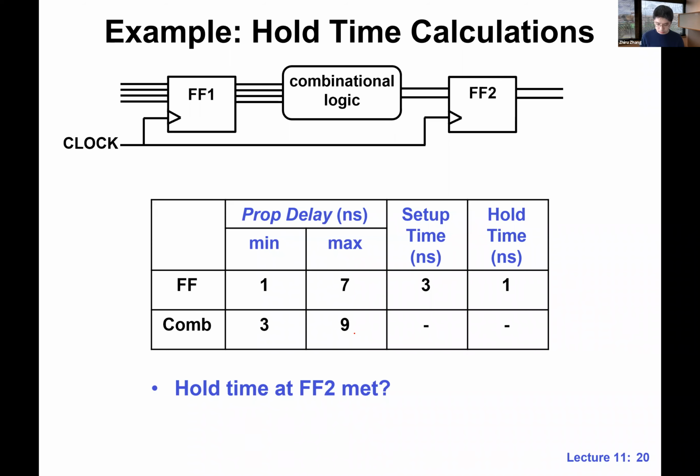So what numbers do we pick up? This one and this one. We want to make sure that 1 plus 3 is greater than or equal to 1, which is true in this case. So we do meet the hold time constraint.